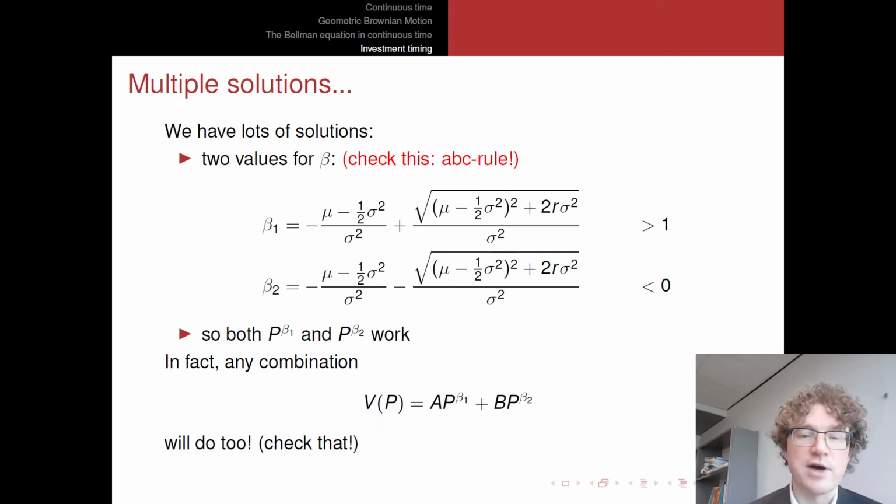So instead of finding one solution, we get a large set of solutions characterized by any choices of this capital A and this capital B. For any constants A and B, this function will solve that Bellman equation. So which one is the right one? That's the next question.